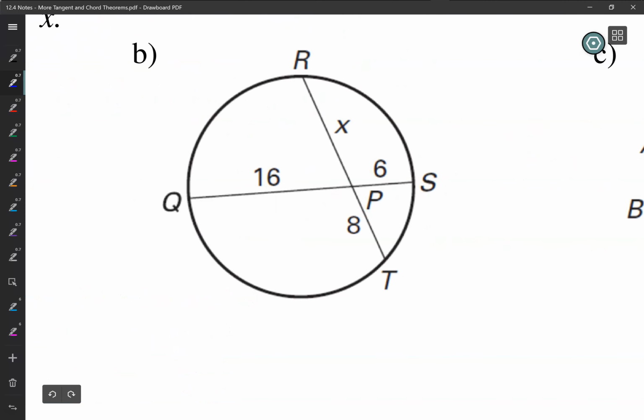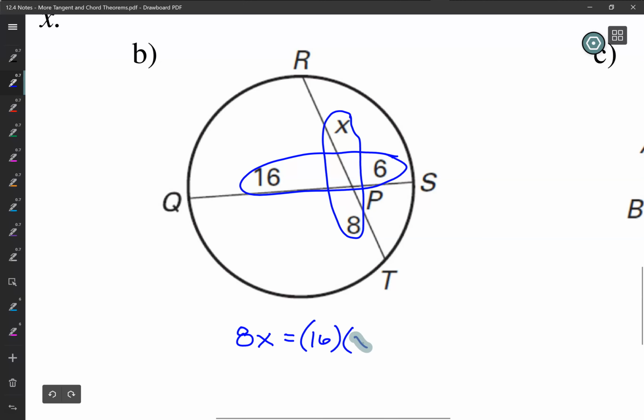There's another one. One of the chords is a segment RT, and its two pieces are the x and the 8. So we're going to multiply those together. 8 times x will equal 16 times 6, which I can write if I try really hard. 16 times 6 is 96.